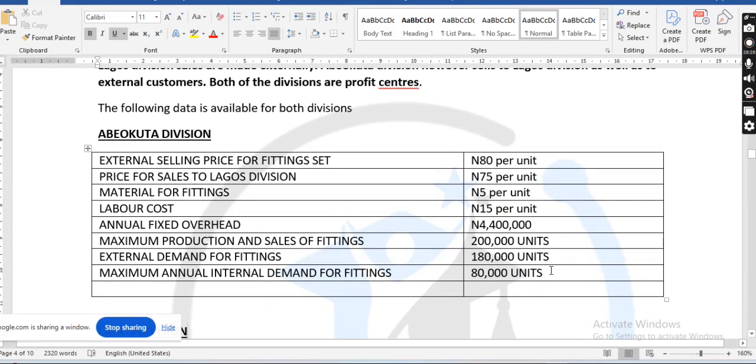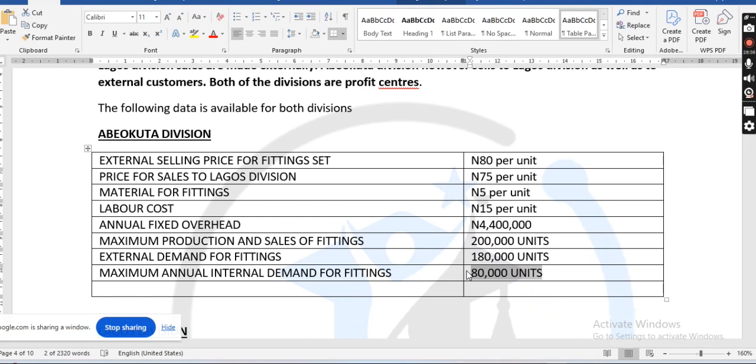You can screenshot this part, right? Abeokuta is selling at 75 naira per unit, and the policy is that Abeokuta must transfer to Lagos, and Lagos must buy the fittings from Abeokuta, and Lagos will need 80,000 units. Then Abeokuta will now sell at 75 naira per unit.